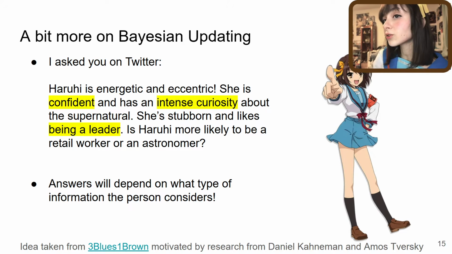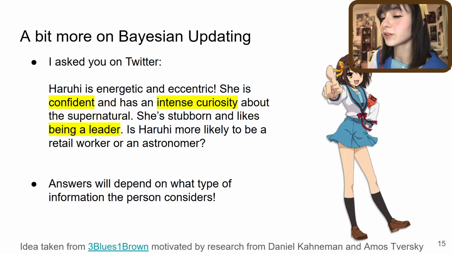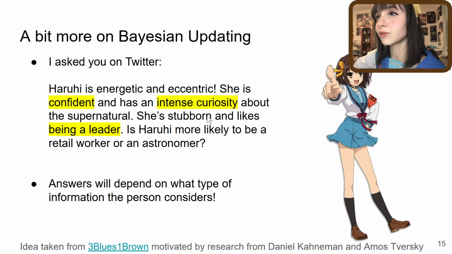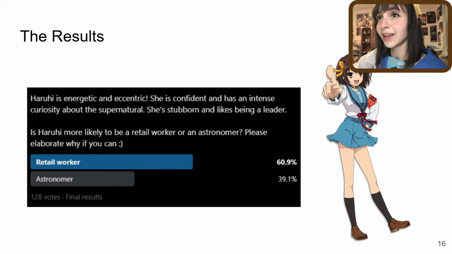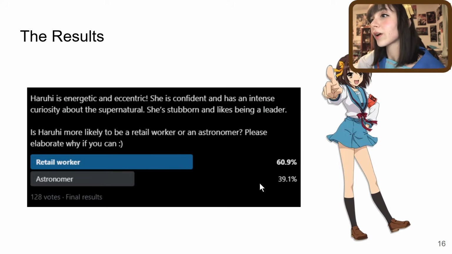The answers, for the most part, will depend on what you take this information to mean. I asked the question and I got 60.9% said retail worker and 39.1% said astronomer.